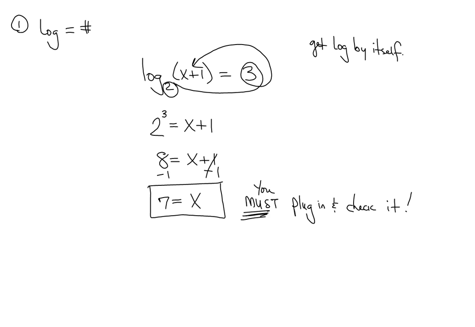It would be extraneous, and so you would get no solution in this case, because your only answer had to be thrown out because it doesn't work. It doesn't mean you made a mistake. It means that it was a solution of the algebra equation, but not a solution of the logarithm equation. In the algebra equation, x can be anything. In the logarithm equation, that's not true. x has to be bigger than -1 here. That's something you'll talk about in math analysis, finding the domain of these things. All right, questions about that?